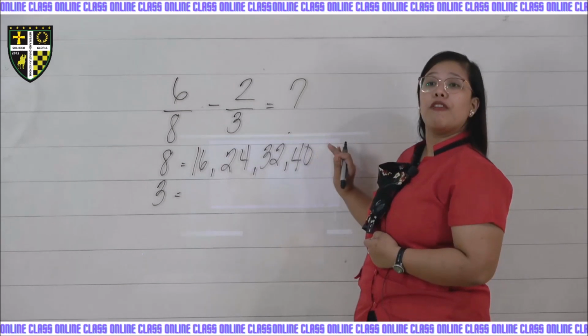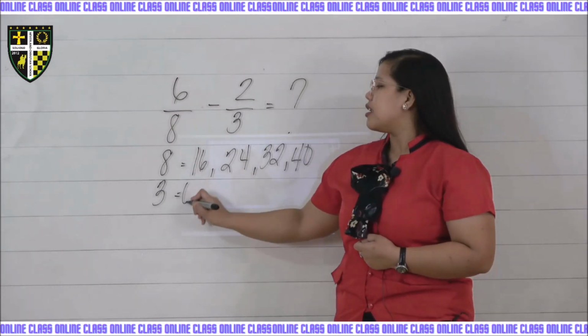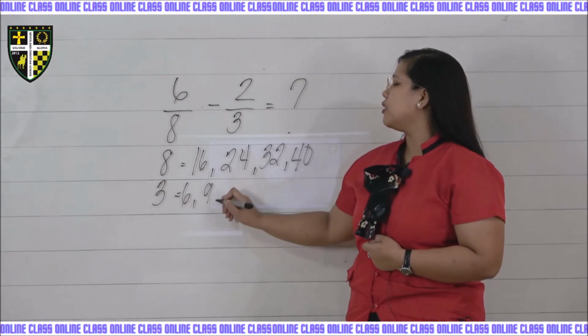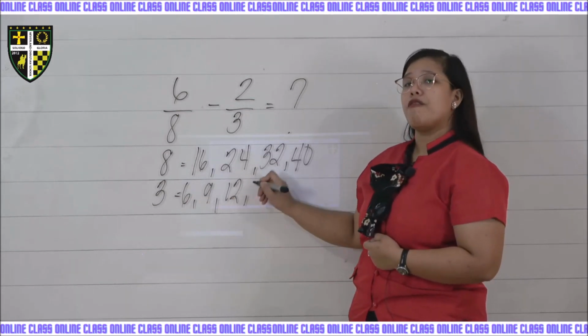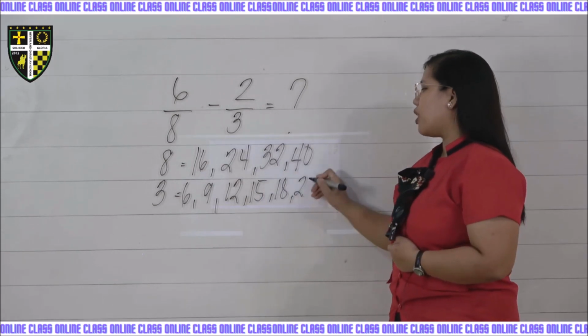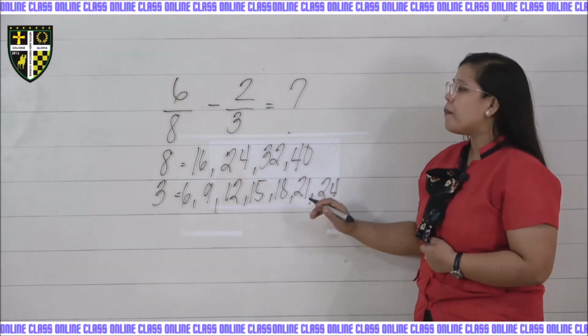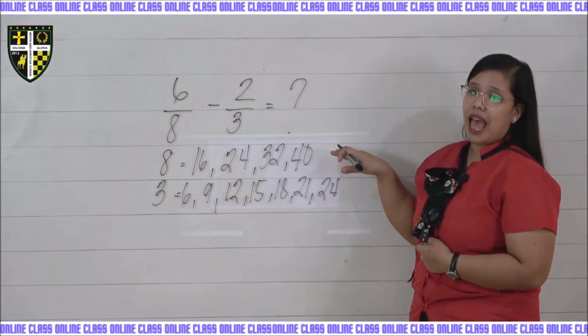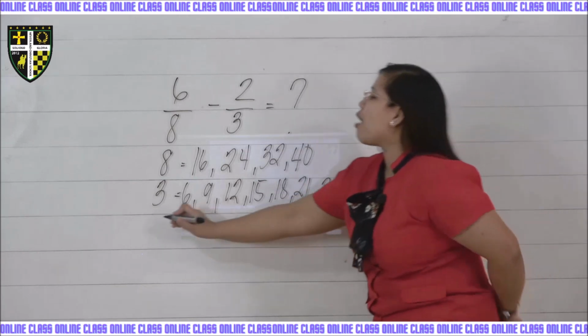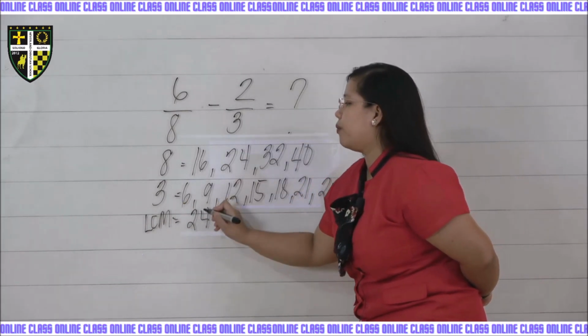Let's stop first at 40. Now 3: 3, 6, 9, 12, 15, 18, 21, 24. Let's stop with 24 because 8 already has 24. So our LCM will be 24.